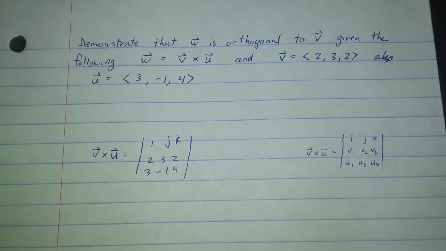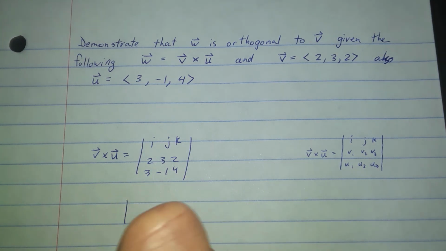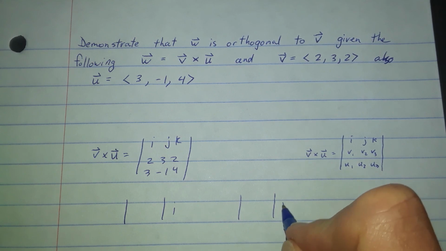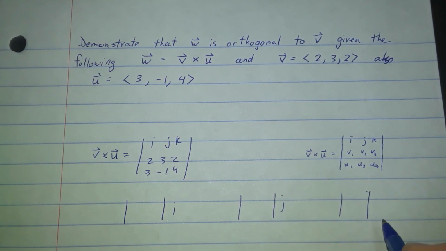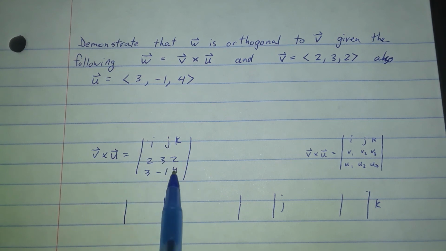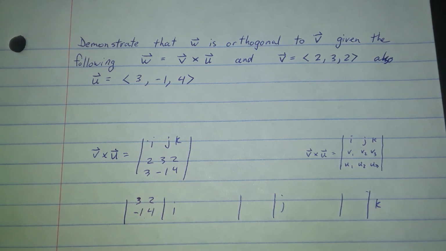I'm going to break this down using this as my key row. So I want to create a set of 2 by 2 determinants that multiply by the i, j, k, and so if I'm using i here, this is manually doing this determinant. We're going to take out this column and this row and look at these 4 numbers left to fill in for this little determinant.